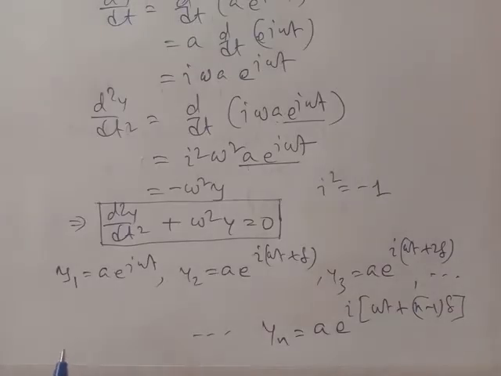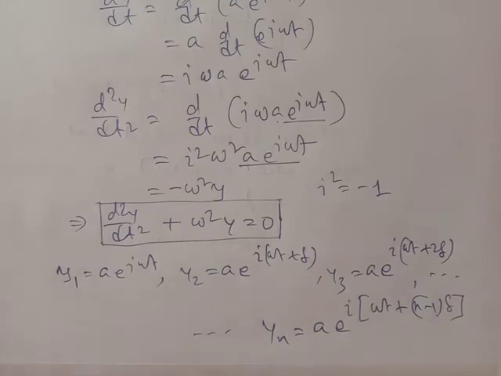Here we have seen that a is the amplitude which is same for each wave, and delta is the phase difference which is constant between any two waves. So phase difference between y1 and y2 is equal to delta. Similarly, you will see that phase difference between y2 and y3 will also be equal to delta. So delta is the constant phase difference.